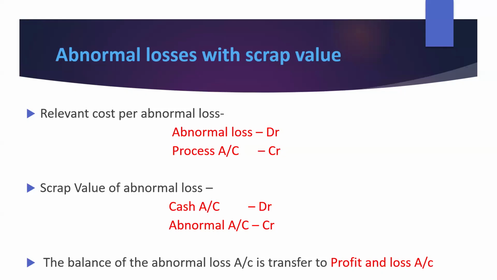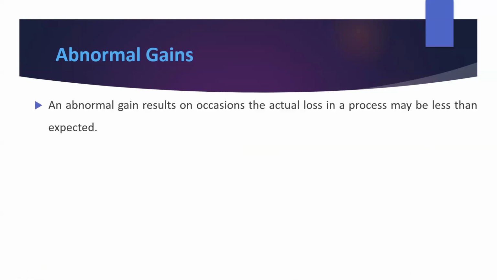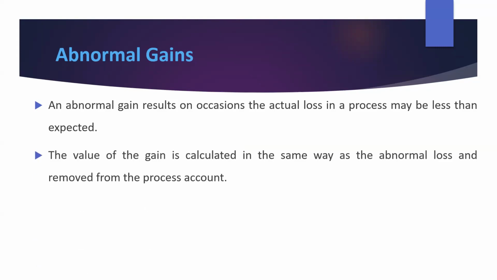Now let's see how we are going to treat the abnormal gain. An abnormal gain results on occasions when the actual loss in the process is less than expected. The value of the gain is calculated in the same way as abnormal loss and removed from the process account.